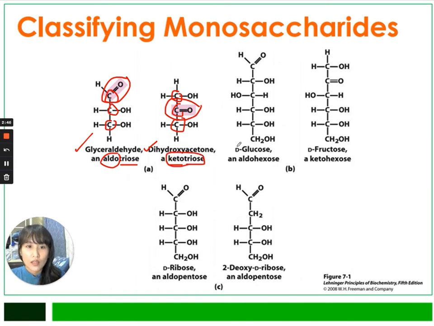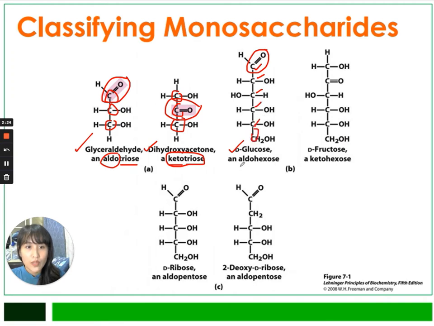The next one is D-glucose, where the carbonyl group is at the end of the carbon unit. If we count the number of carbon atoms, we have 1, 2, 3, 4, 5, and 6.